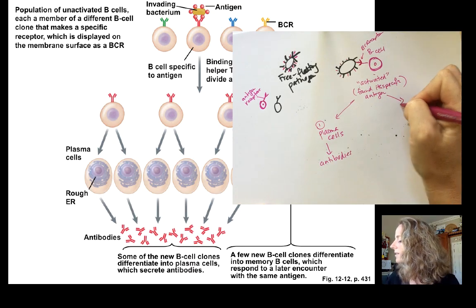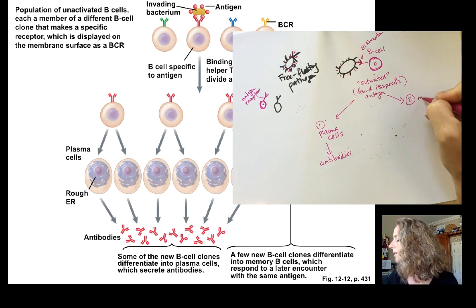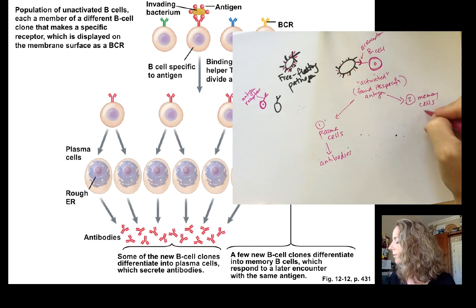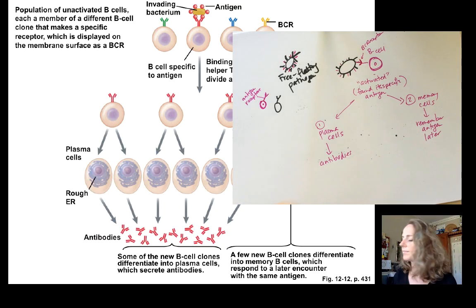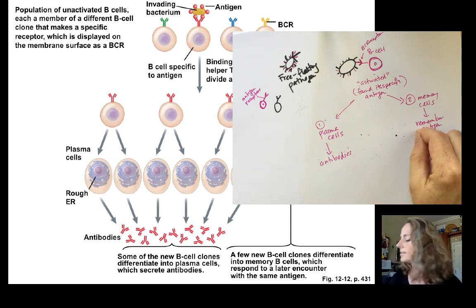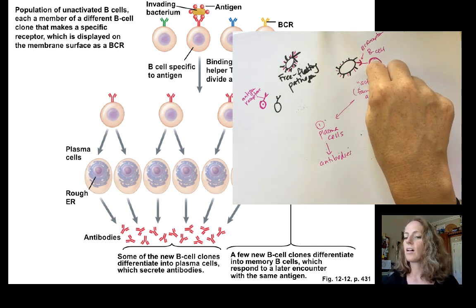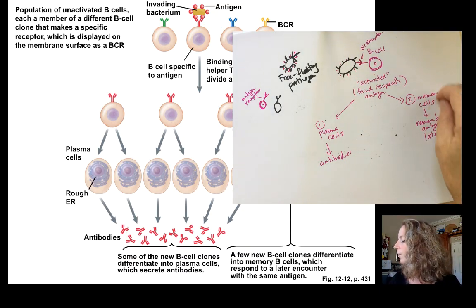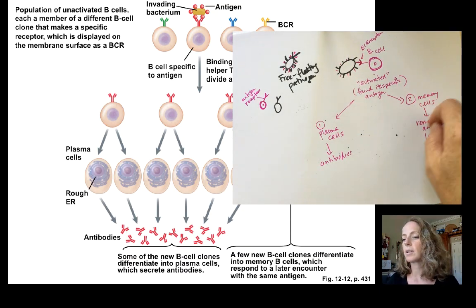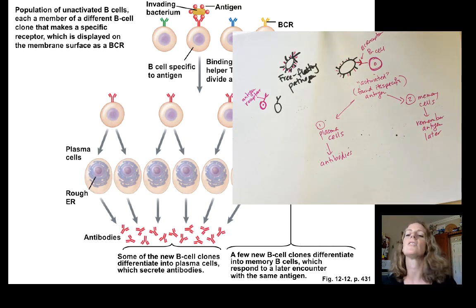The second thing that's going to happen is it's going to produce memory cells. Memory cells are going to remember that antigen later. Okay. So instead of having just one B cell or one small group of B cells that recognize this antigen, we're going to now have a collection of memory cells that can recognize this antigen upon a later infection.